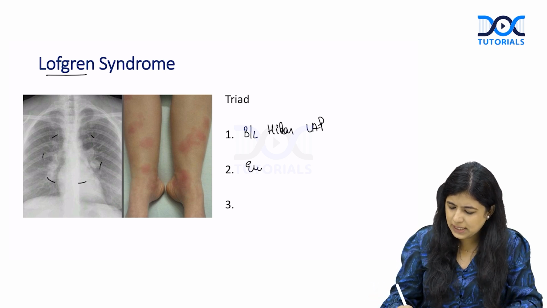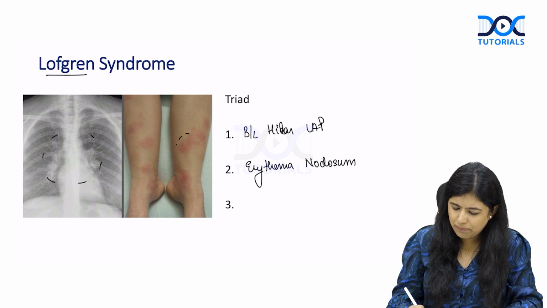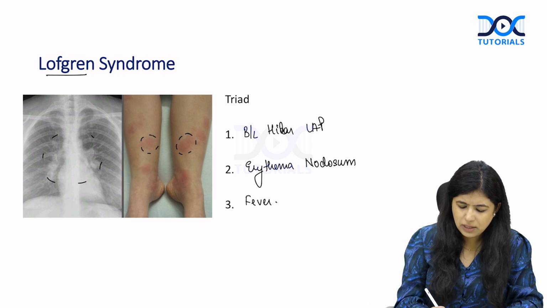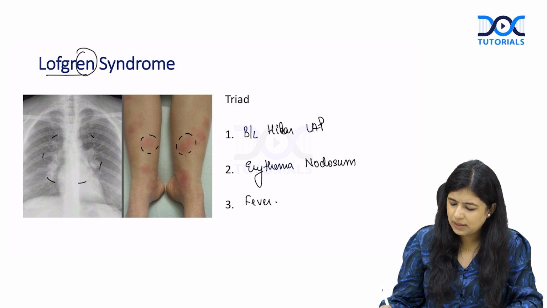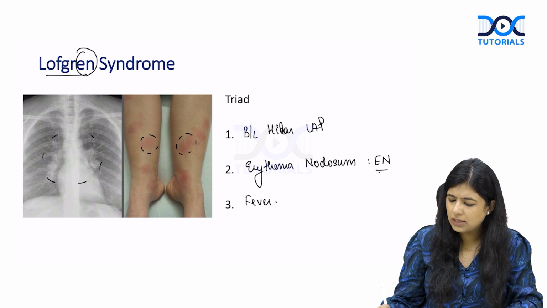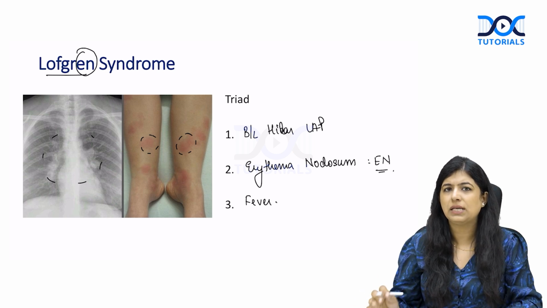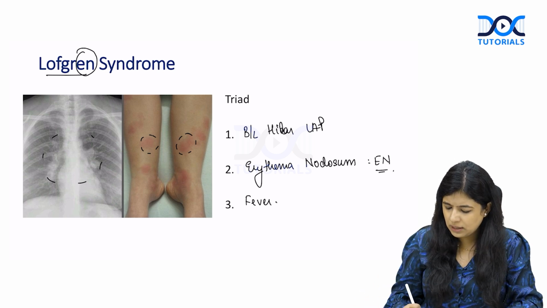Secondly, it may be associated with erythema nodosum on the skin, which are painful red nodules on the shins. And thirdly, it may be associated with fever. Remember, the EN here is the EN here. So Lofgren syndrome is associated with erythema nodosum. Along with this, patient may also have polyarthritis.